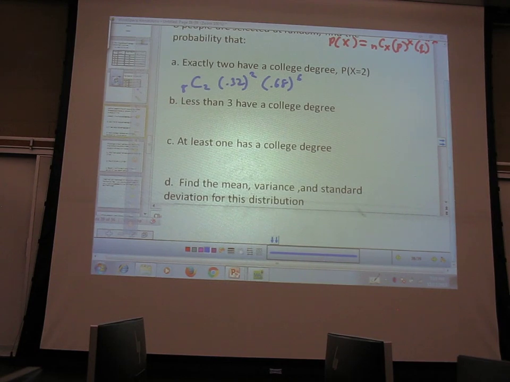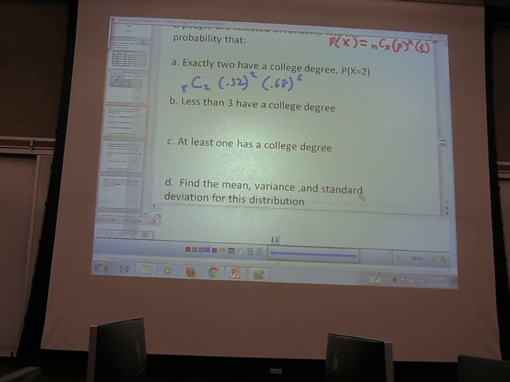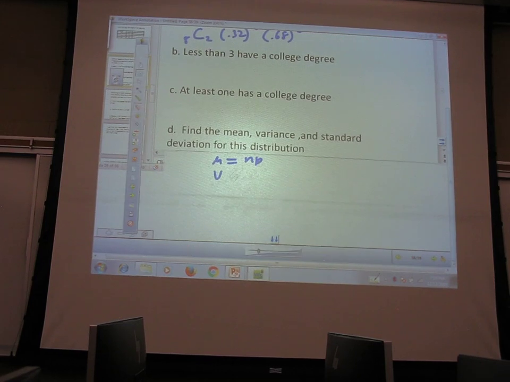Find the mean, variance, and standard deviation. You guys remember how to find those? Yes. np is my mean. My variance is npq.